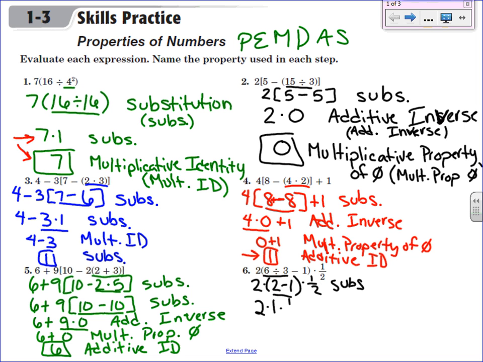That's another substitution. Two times 1 is 2 by the multiplicative identity. And then 2 written as a fraction is 2 over 1 times 1 over 2. Those are reciprocals, and when you multiply reciprocals, the answer is 1. And that's the multiplicative inverse property.